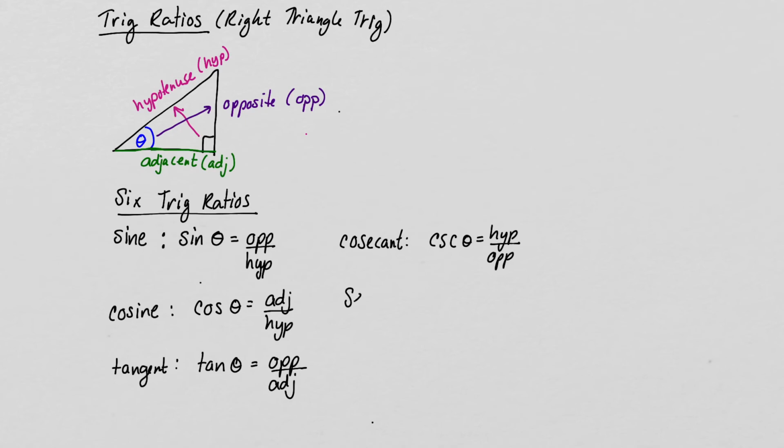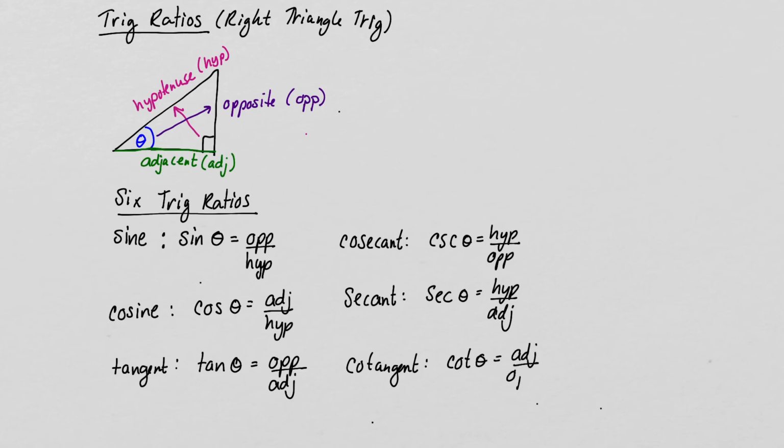There is the secant of theta, so we abbreviate that as SEC theta, and that is the hypotenuse over the adjacent. And then there is the cotangent of theta, so COT theta, and that is the adjacent over the opposite.